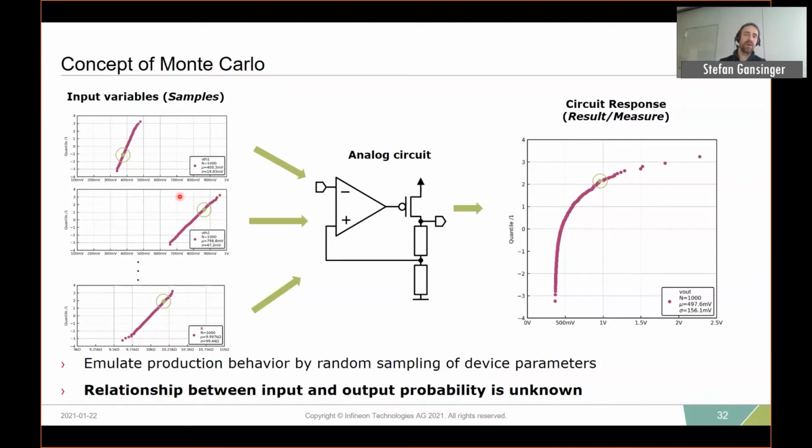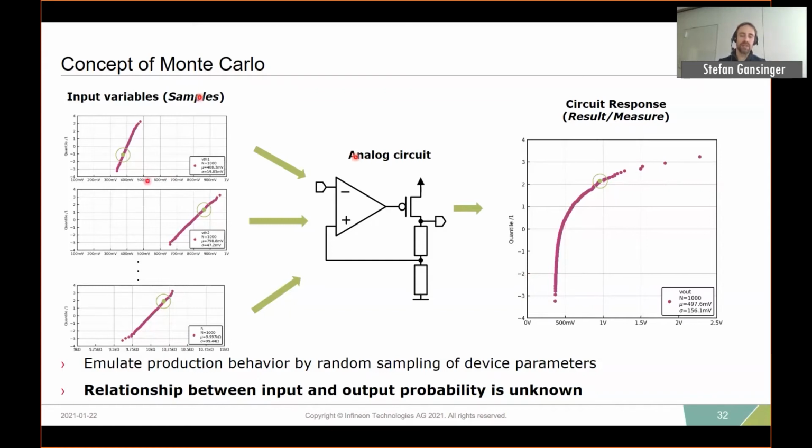A designer or verification engineer has to specify the number of samples, for instance 100, then the simulator randomly chooses 100 sample sets, and these are then simulated. By doing this, we get the response of our circuit, like it would behave in mass production.